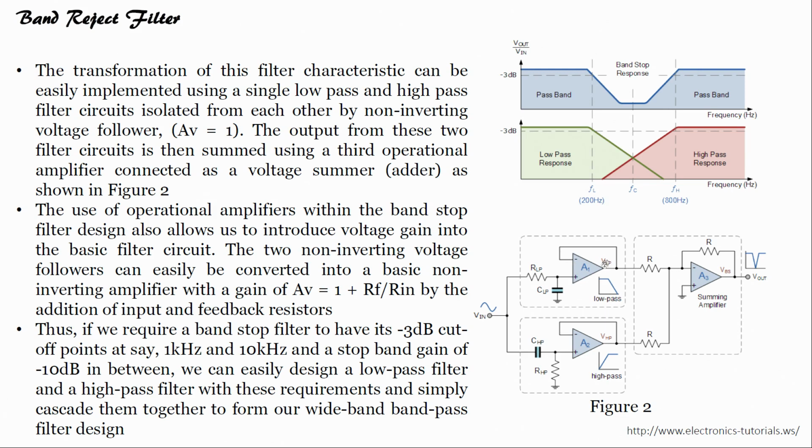This non inverting voltage follower, or unity gain amplifier, can be converted to an amplifier by connecting RF and Rin. Thus, if we require a stop band filter to have its minus 3 dB cutoff, say at 1 kilohertz and 10 kilohertz, and a stop band gain of minus 10 dB in between, we can easily design a low pass and high pass filter with these basic requirements.